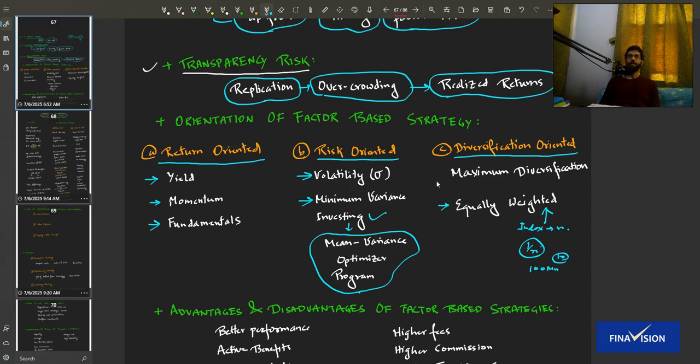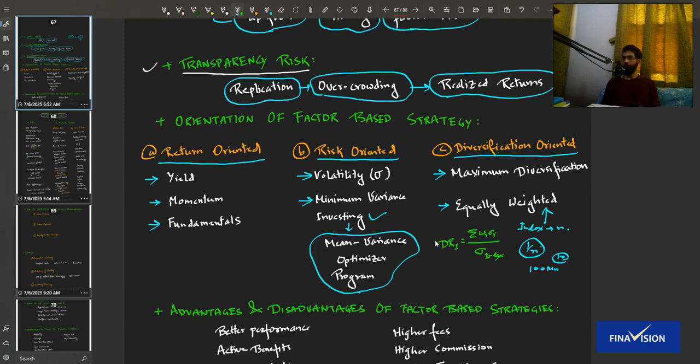The other strategy is maximum diversification strategy. Now, maximum diversification is basically a measure which is derived from the diversification ratio. Now, what is the diversification ratio? The diversification ratio or DR of an index I is given by the sum of the weighted volatilities of the constituent stocks of that index divided by the volatility of that index itself.